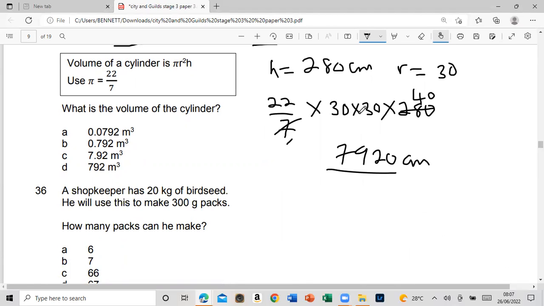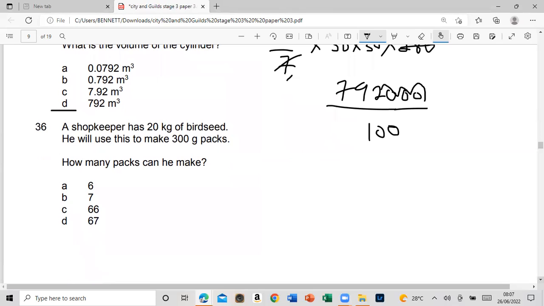So 22 times 30 times 30 times 40, same thing, some more zeros for the part. So we have 792 and then 30. So this is going to divide by 1,000, so 1, 2, 3. So that leaves 792 liters. I can't go through it all on that one, guys, because I don't want the video to be forever.